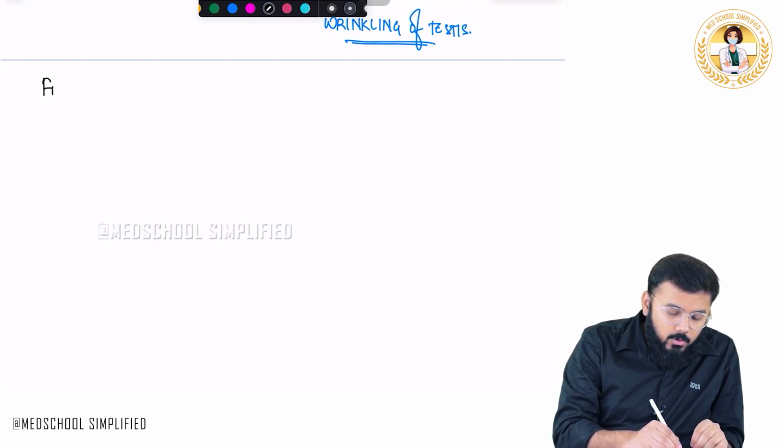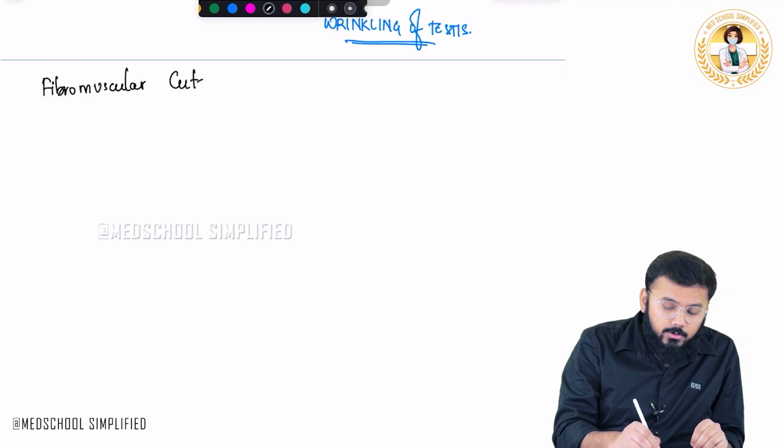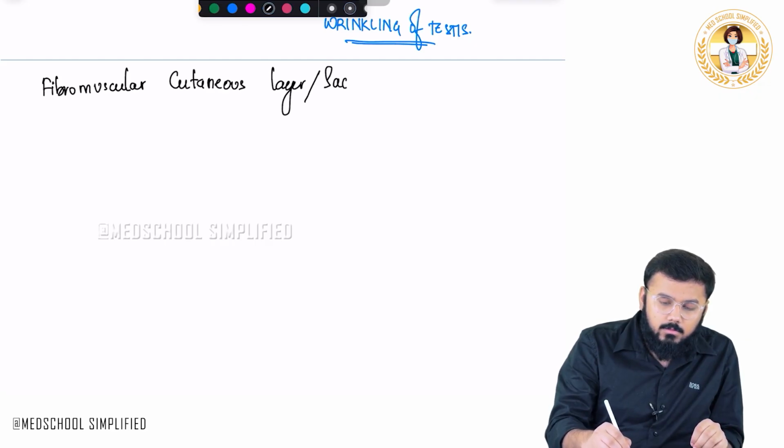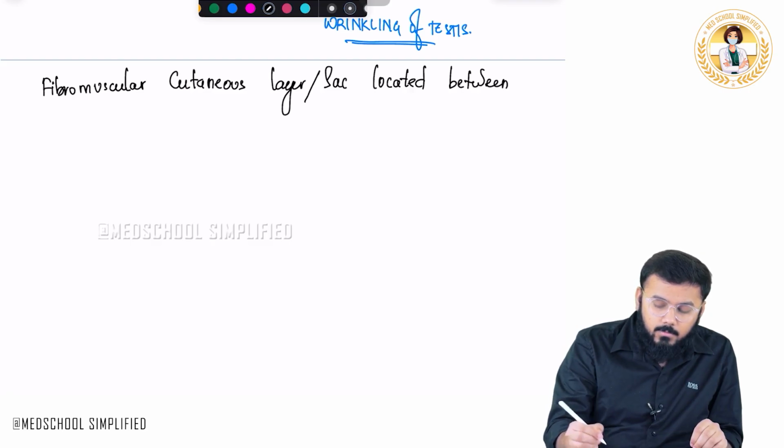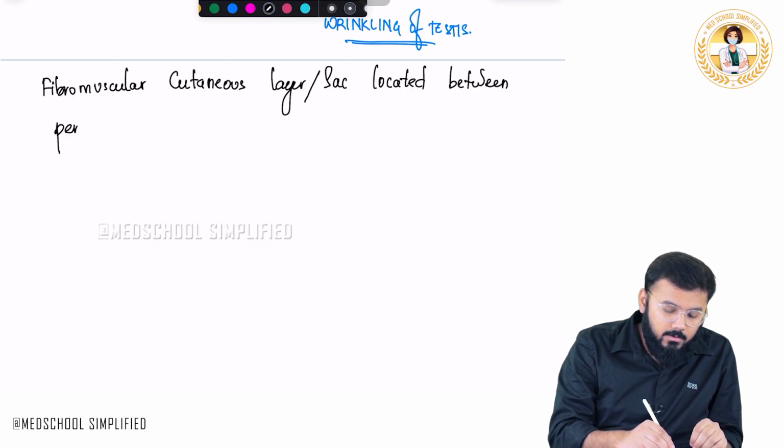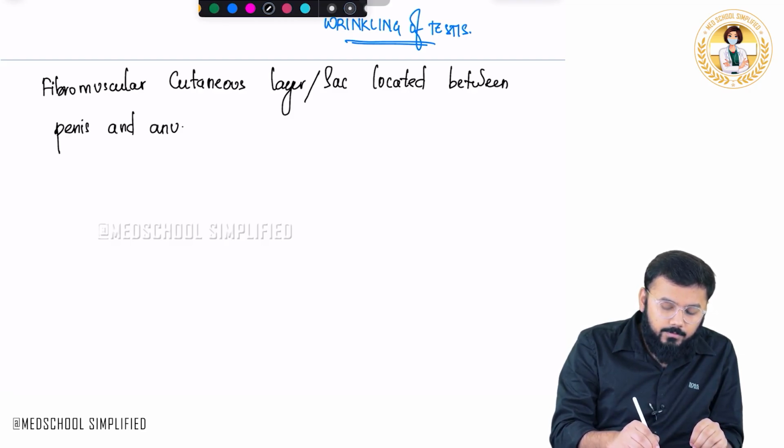So it is a fibromuscular cutaneous layer or sac located between the penis as well as the anus.